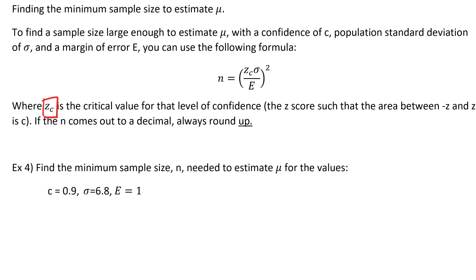All right. Now, once you do this calculation, if it ever comes out to a decimal, we are always going to round up. It doesn't matter if it's 25.00001, we are still rounding that up to 26 if it has any decimal after it.